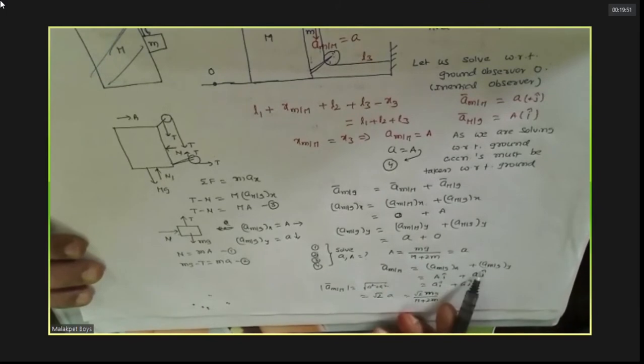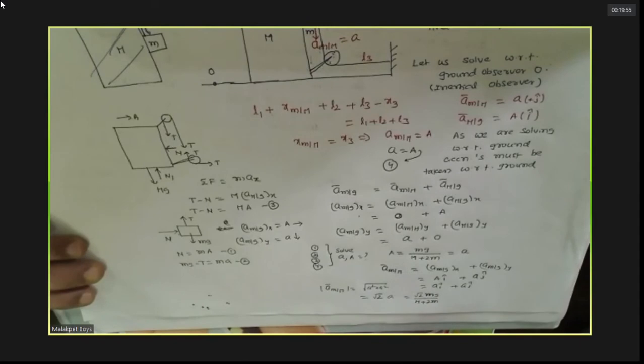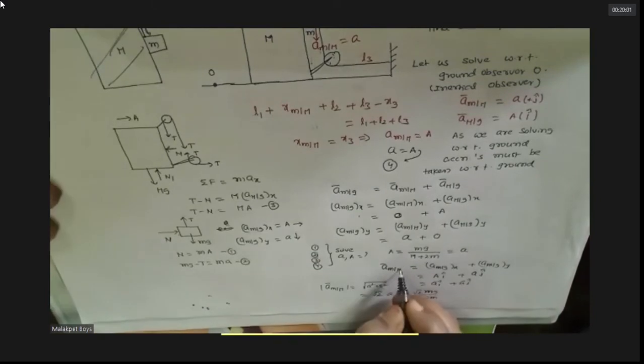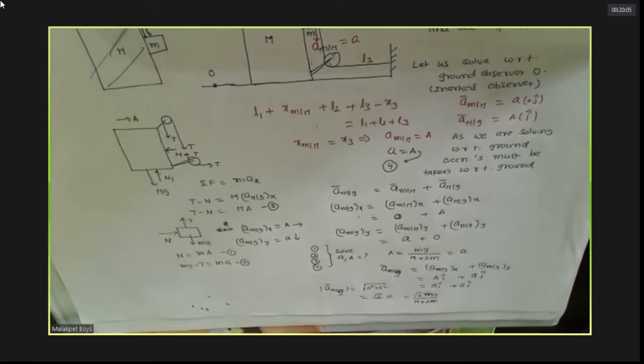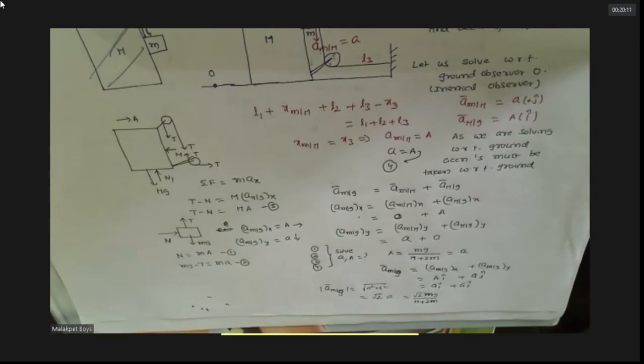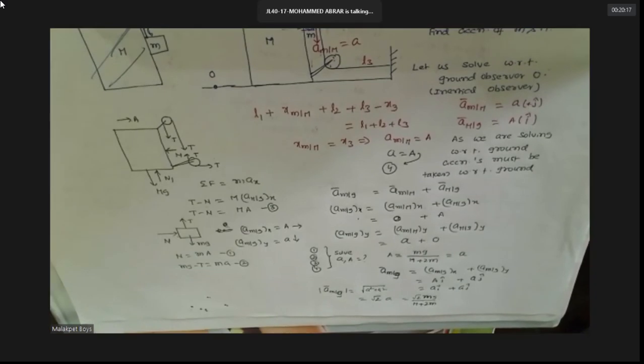Here, I have written this. Already I got the x component. I am showing this with respect to ground. Yes, sir, got it. No doubt, with respect to capital M, it has only one. Follow this? Yes, sir.